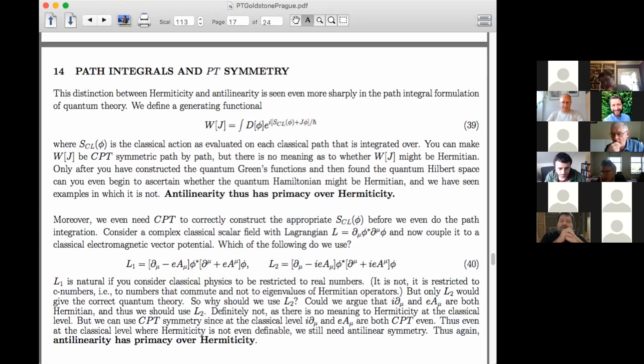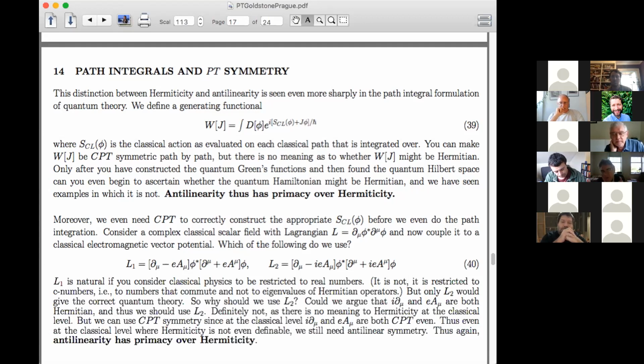Now that functional integral, we can either try to define or construct from a set of states using a quantum mechanical framework, or we can simply say, I don't understand quantum mechanics and I don't understand states and operators at all. All I'm going to do is treat this like a classical object. It's just an integral.